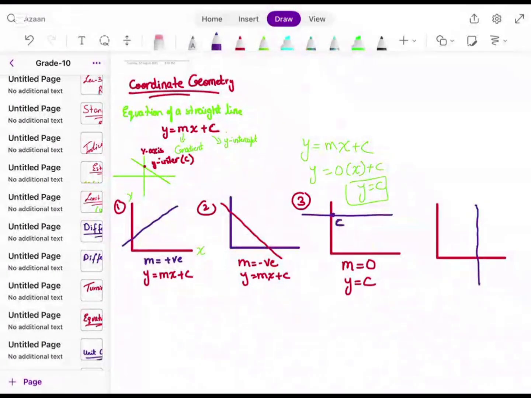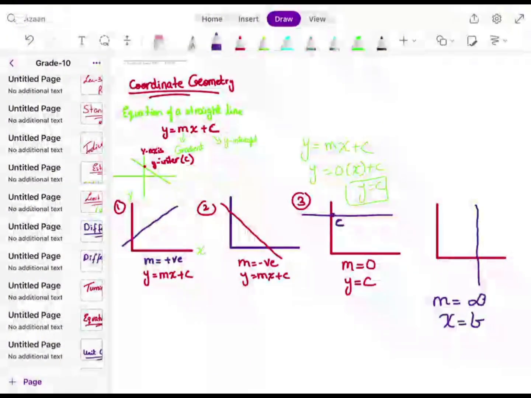When the line is vertical, the slope will be infinite, with the infinity symbol, and x will be equal to b.